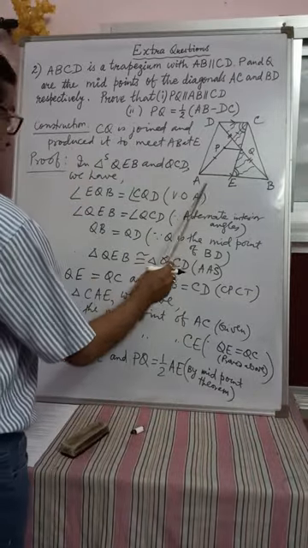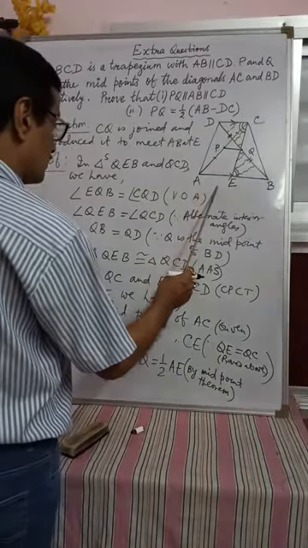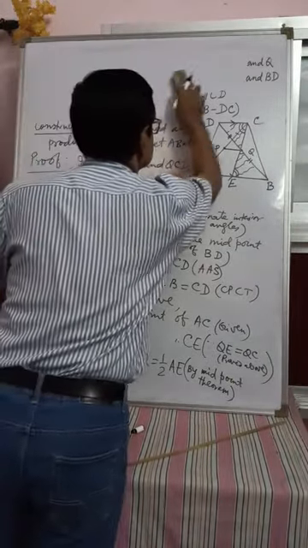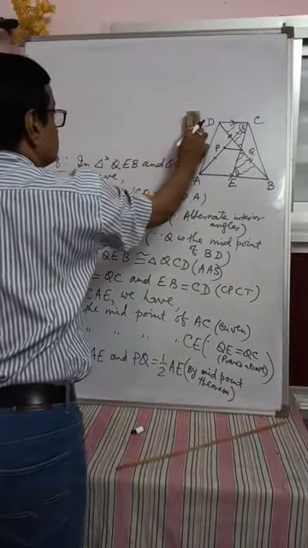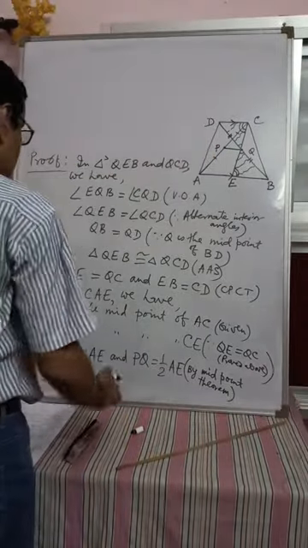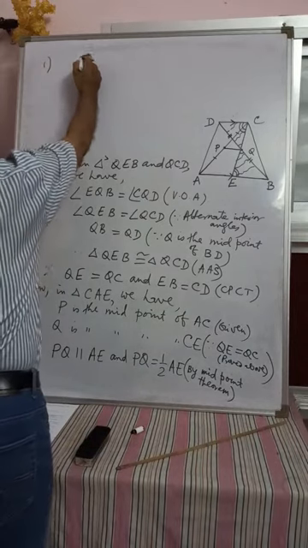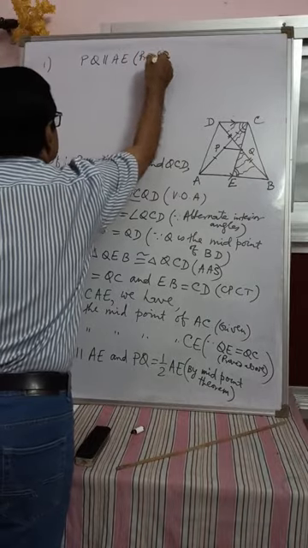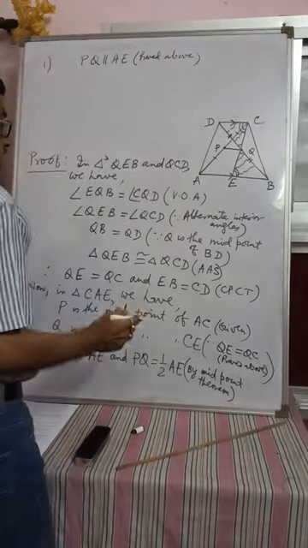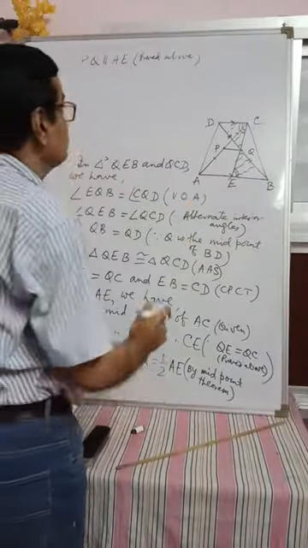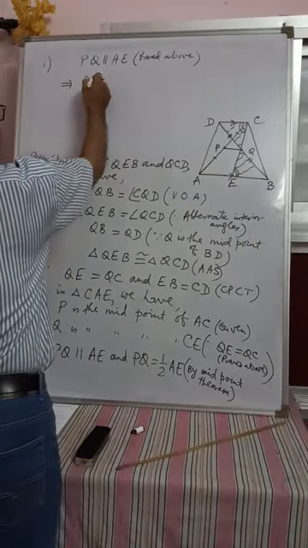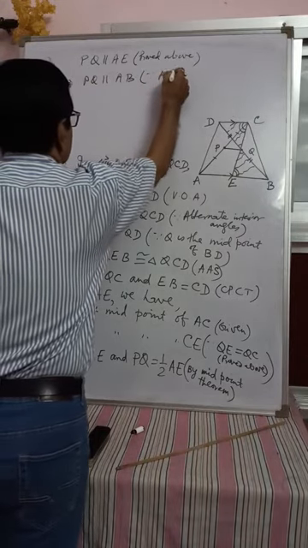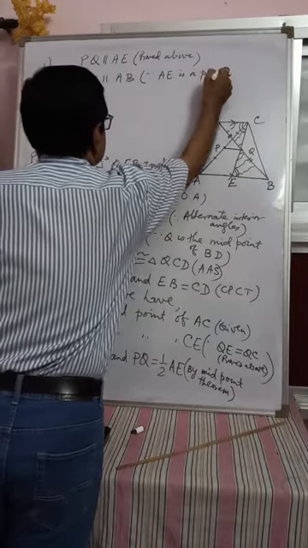Let us take one by one. First we have taken PQ is parallel to AE, proved above. Now AE is a part of AB, so we can say PQ is parallel to AB, because AE is a part of AB.